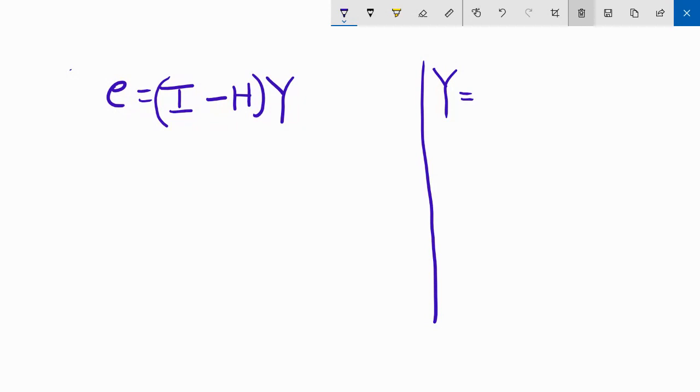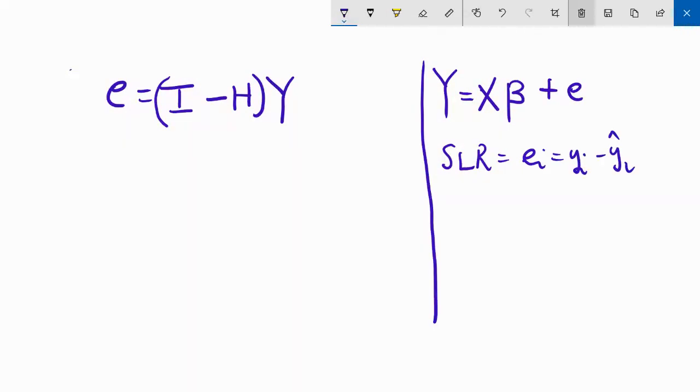These are matrices, and then errors. From simple linear regression, how do you define the errors? It's yi minus yi hat, isn't it? Am I wrong? Right, leaders? You are right.